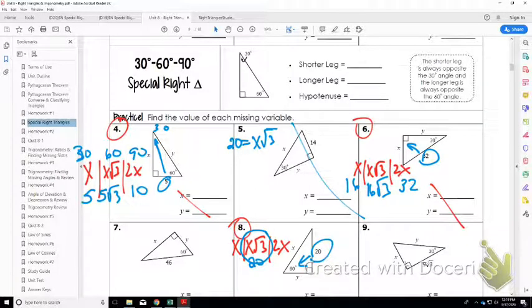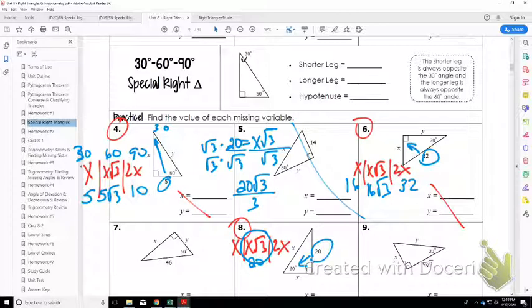What are we going to do first? Divide, and then we're going to multiply. Now what do we have in the numerator? 20 times the square root of 3 over 3.